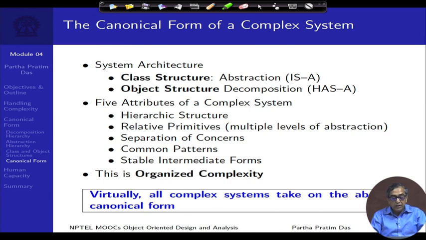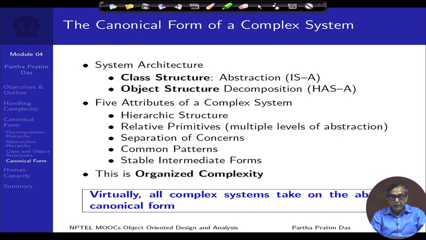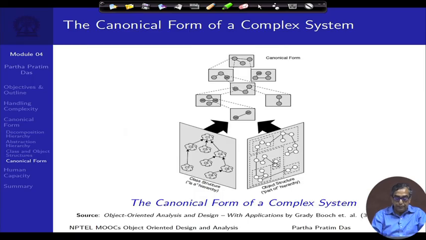And once this representation can be made complete, we will have a much better understanding of the complex system. So, in this process we have found that the overall complexity of a complex system in terms of understanding it, analyzing it, dealing with it, we have been able to somewhat organize it under the canonical form, and that is the reason we call this an organized complexity of the whole system.